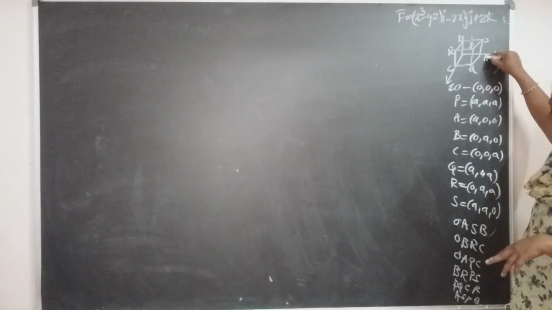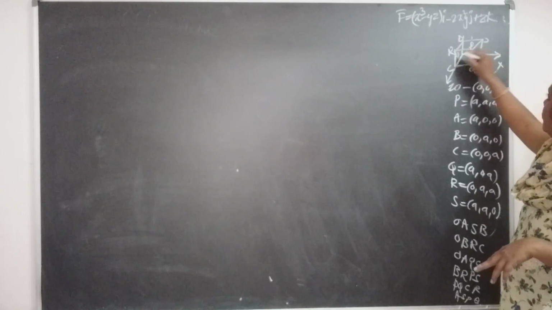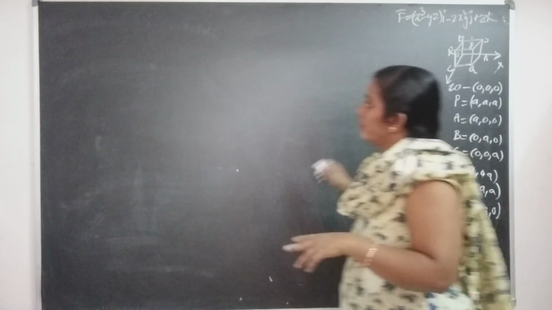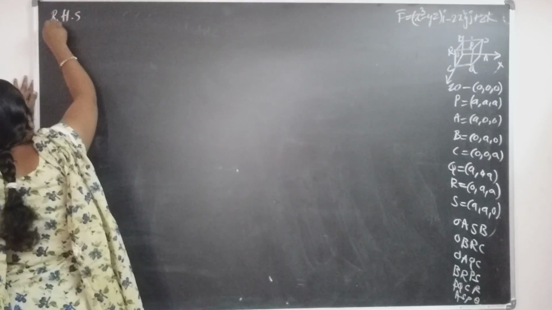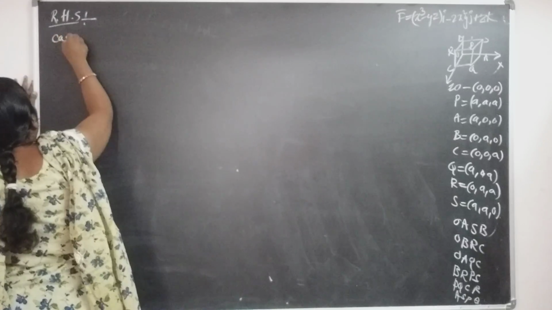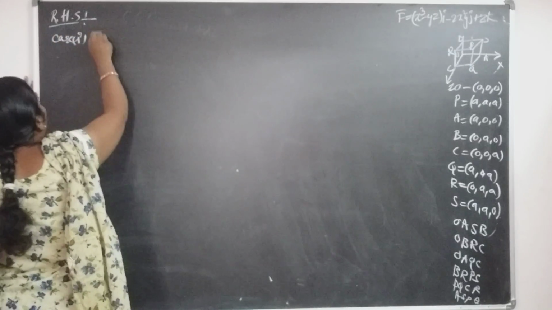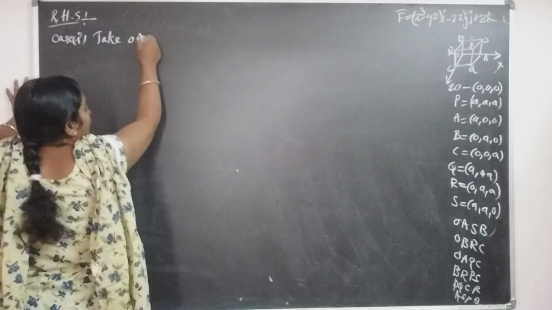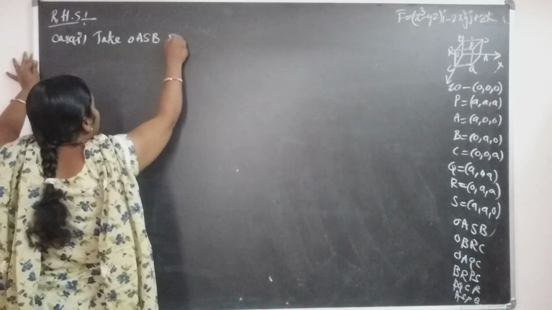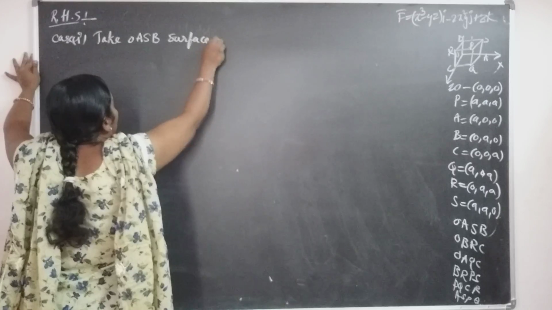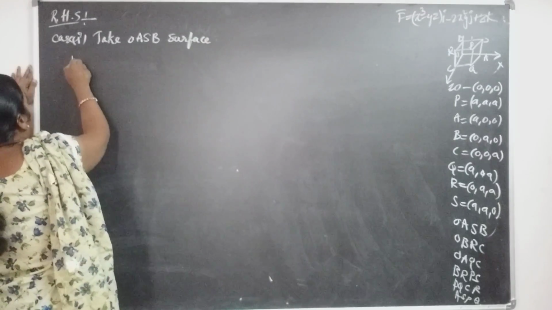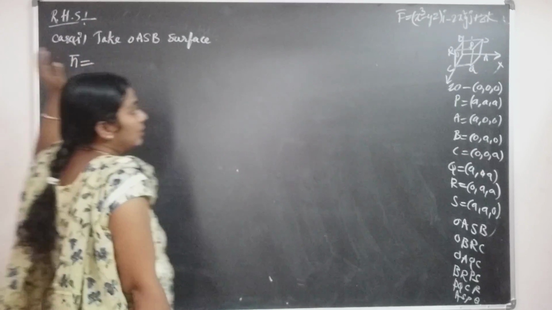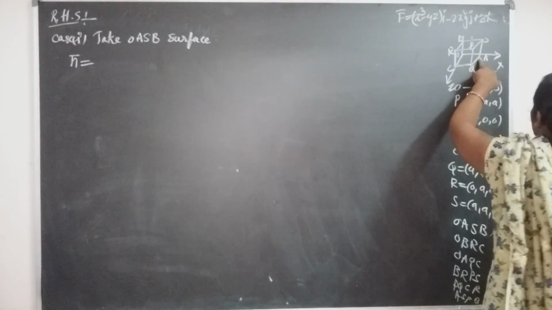OASB, RHS. Case 1. Take the OASB surface. In this, the n vector is the outward drawn normal vector.